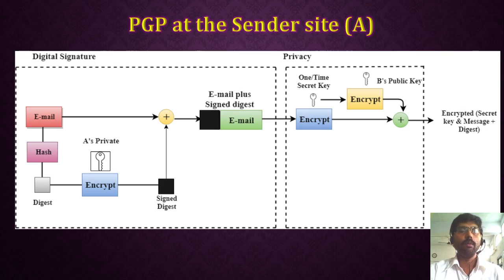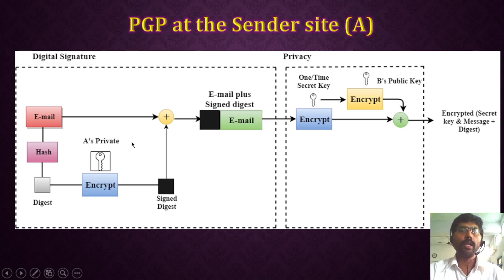Most of the time I use a hash function like SHA-1 or MD5. Once I create a hash code like a message digest, I have to encrypt it. The encryption will be done by A. A means here the sender.